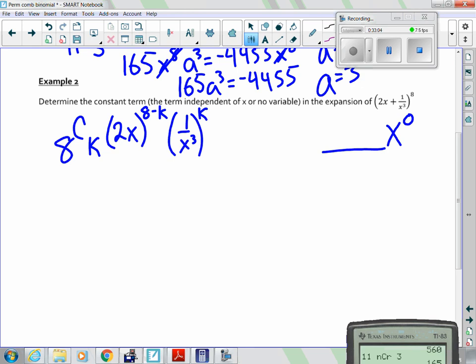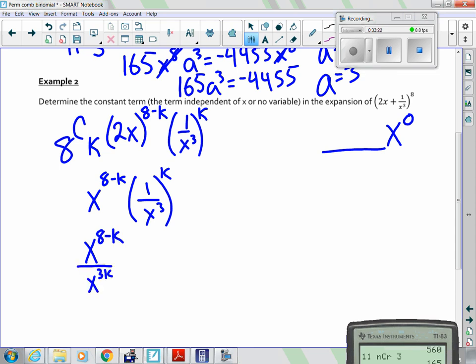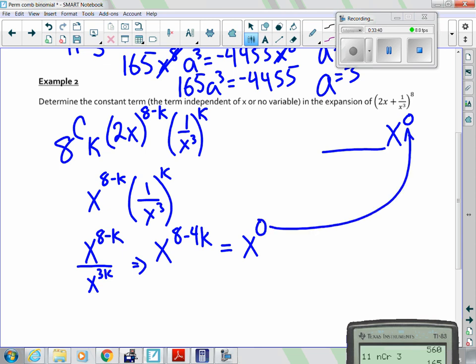Now, in this one, I'm just going to, again, solve this out using only the variables. So I'm going to take out the numbers and just go x to the 8 minus k times 1 over x cubed to the k, which means I have x to the 8 minus k over x to the 3k, which means x to the 8 minus 4k, right, when I subtract my exponents. 8 minus k minus 3k is 8 minus 4k, but that all has to equal x to the 0, because that's the exponent that I'm trying to hit.